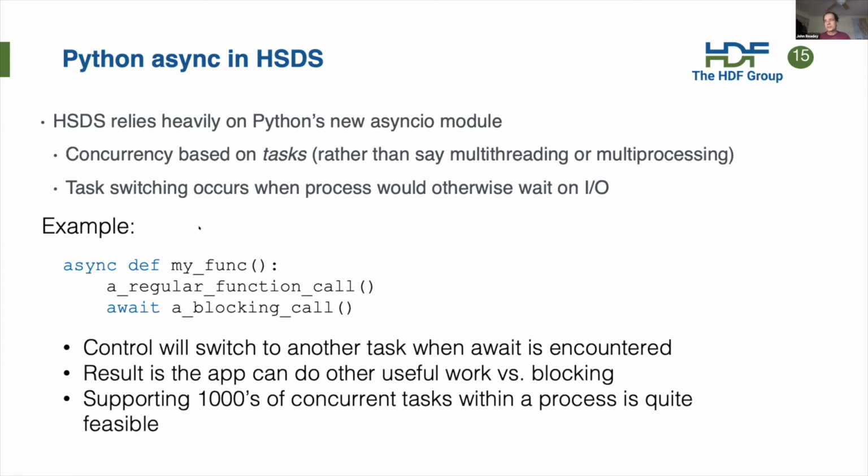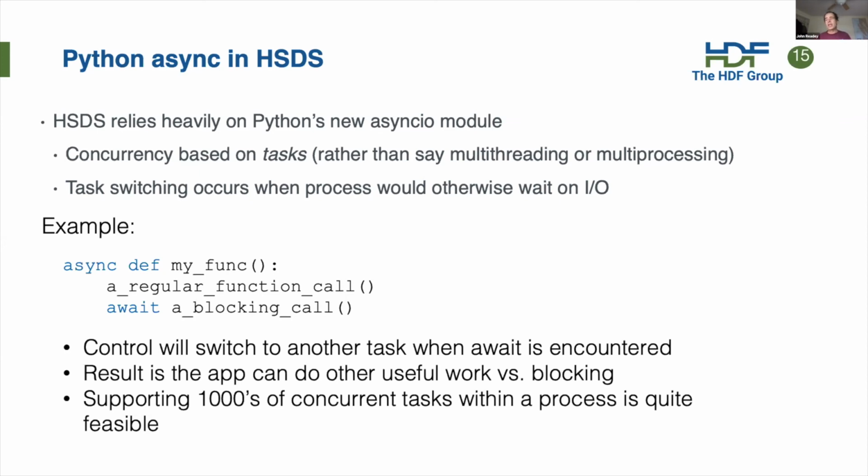So you decorate your function with async, and when you get to the long call, you say await. And what this does is that your program will switch to another task until that blocking call returns. So if it's like, say, read some bytes from S3, you can be going off and doing other useful things. And when that S3 call finally returns, you'll just resume this code.